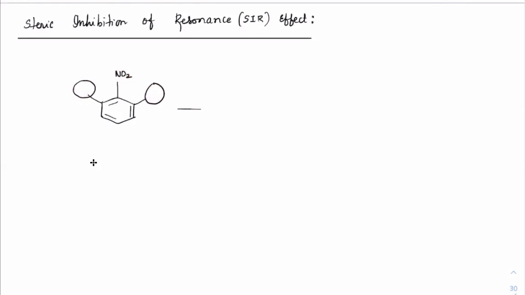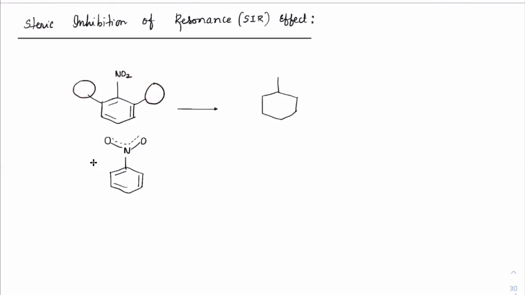Now what would happen? That group will try to rotate in such a way. Originally, the molecule is this way. We have N, and on the same plane we have the oxygens, and resonance is happening here.